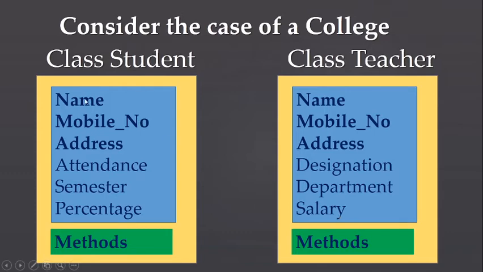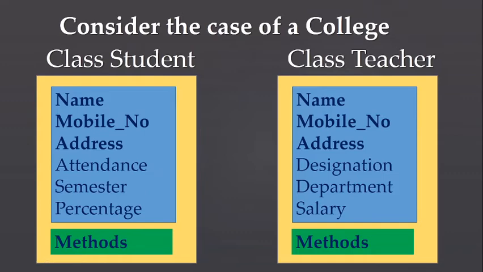Now we can find that for both the classes, three variables are common. We have taken the example of the variables only. It might happen that in the case of methods, a few pieces of code are repeated in both classes, Student and Teacher.